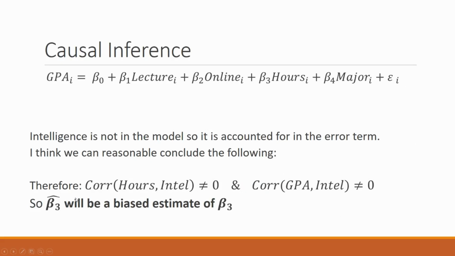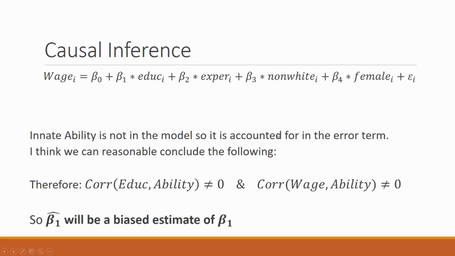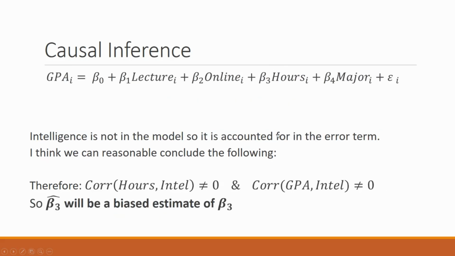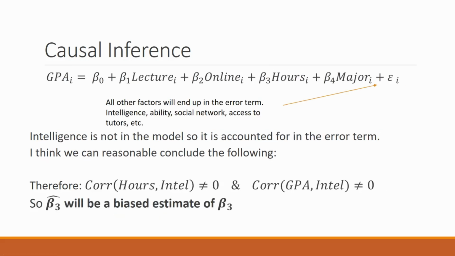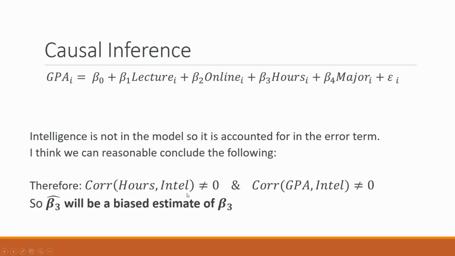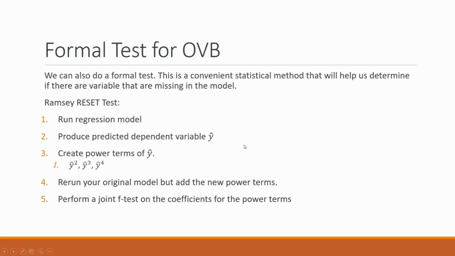Our beta 3 hat will be a biased estimate of beta 3. All right, so here are two examples of why we might have omitted variable bias. And we can easily think of other variables excluded from the model that would cause omitted variable bias.